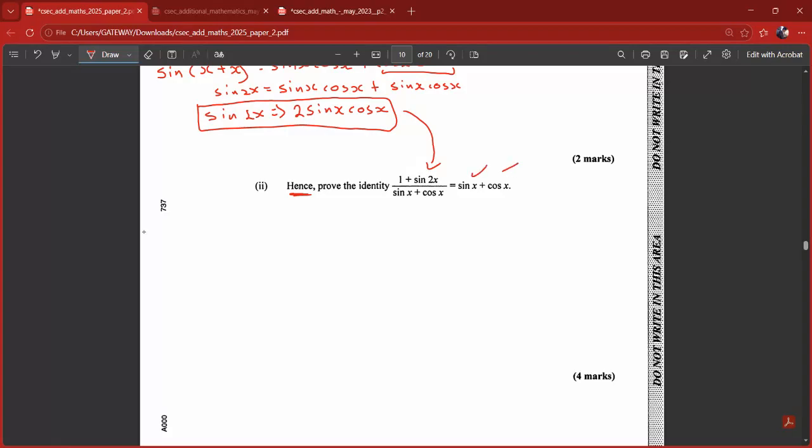So I could write 1 as sine squared x plus cosine squared x, because sine squared x plus cosine squared x is equal to 1. That is an identity, right? Plus 2 sine x cosine x.